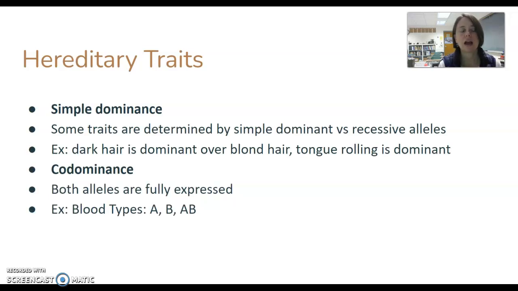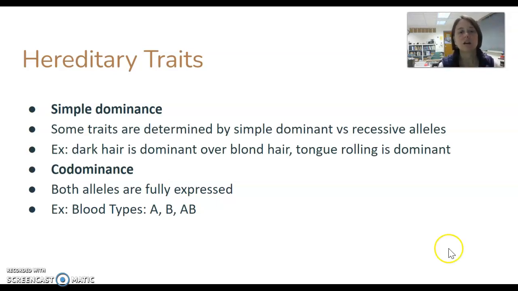So let's say black and white feathers. If it's simple dominance, let's say black feathers are dominant over white feathers. So if you have two alleles, you'll just have a black feathered bird. If it's codominant, you would have a black and white feathered bird.